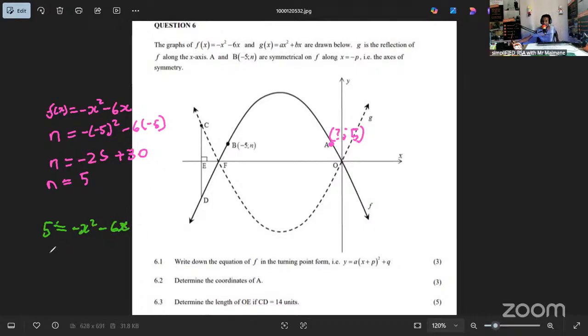Now, if I rearrange that, I would have minus x squared minus 6x minus 5 is equals to 0. And I will multiply by negative: x squared plus 6x plus 5 is equals to 0. Then my factors can only be 5 and 1 and all positive.